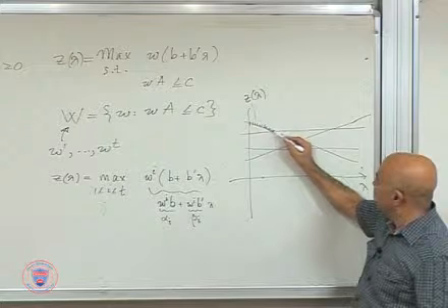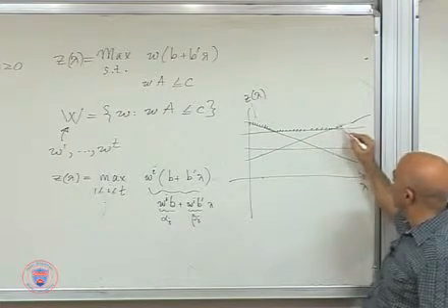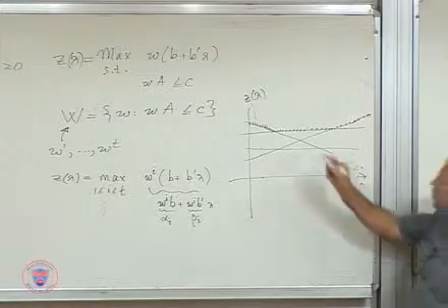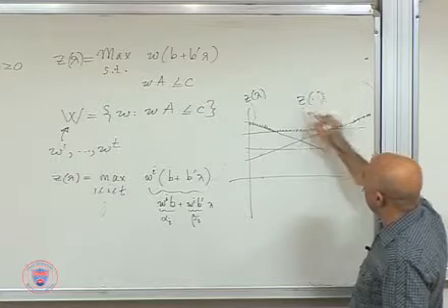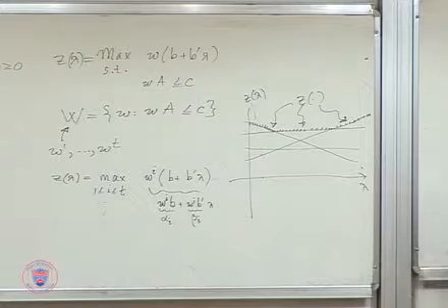So you generate this piecewise linear curve, which is the pointwise maximum of all these numbers. So that's your z. It is a piecewise linear convex function.